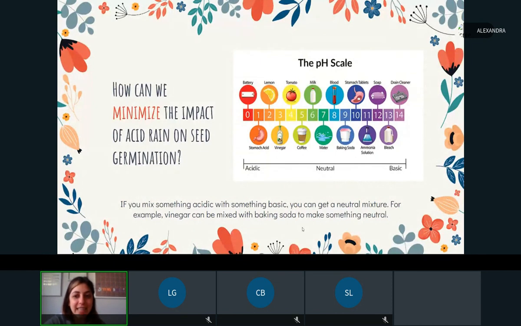Like the classic science project that you see, and you have it bubbling out, that is the reaction of vinegar and baking soda. So there is this real life interaction that you can witness and see. So you're going to start to think about, using the information that you know, what can I do that's going to neutralize the acid in the environment?